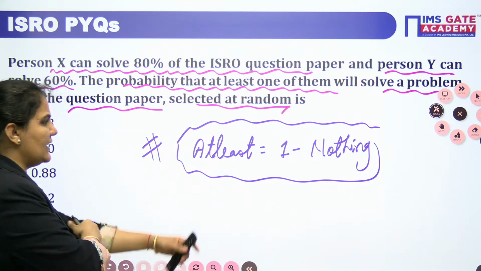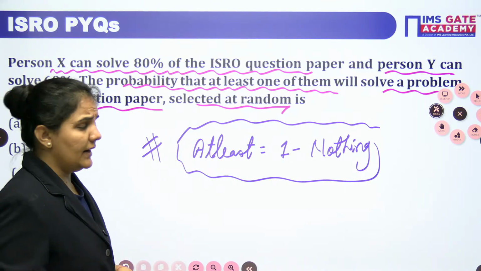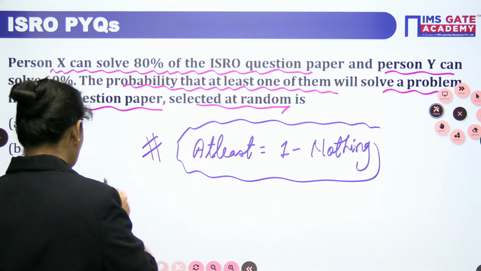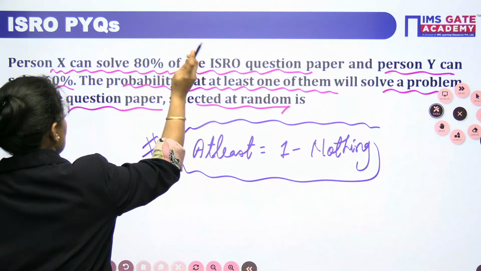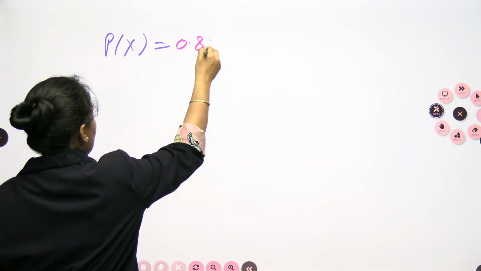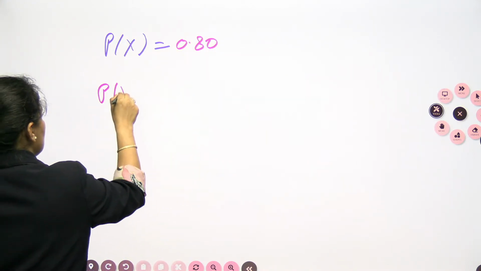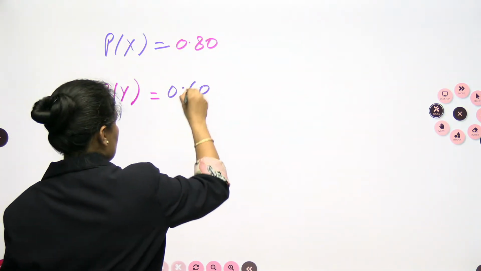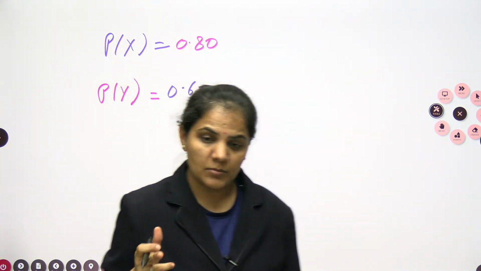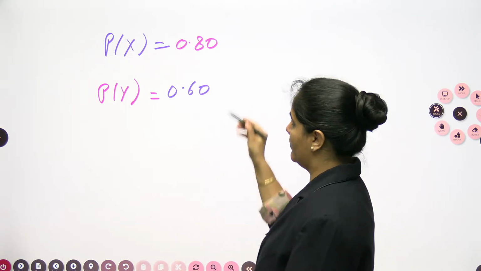So right now I will deal here with the probability. What is given to me? The probability that the question will be solved by X is 0.80, 80%. The question will be solved by Y with 0.60, 60%.